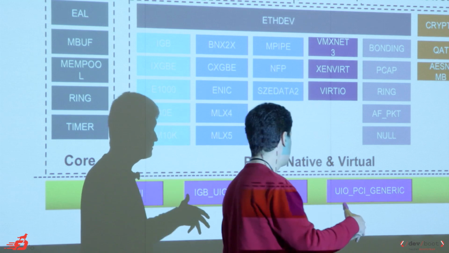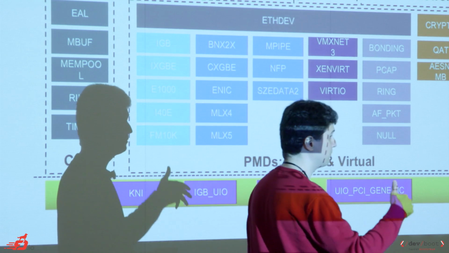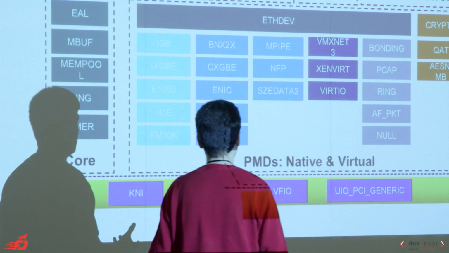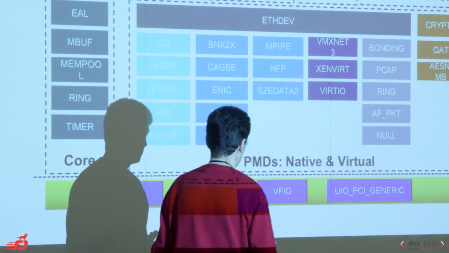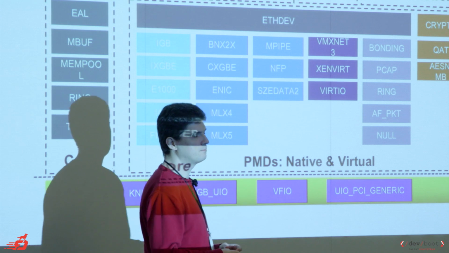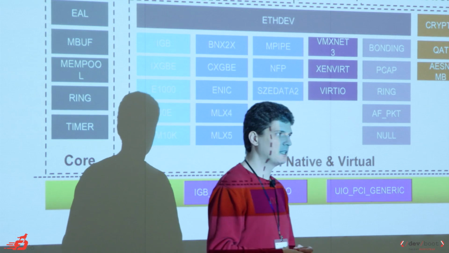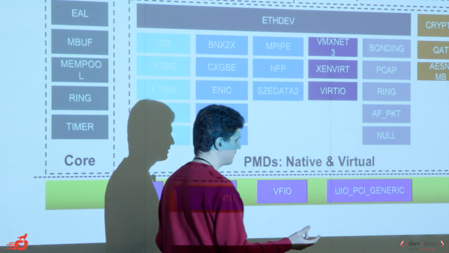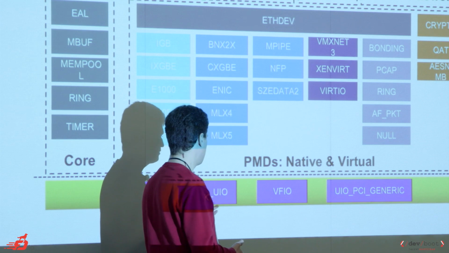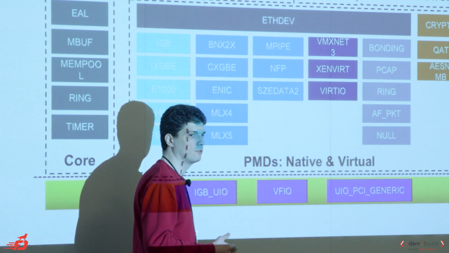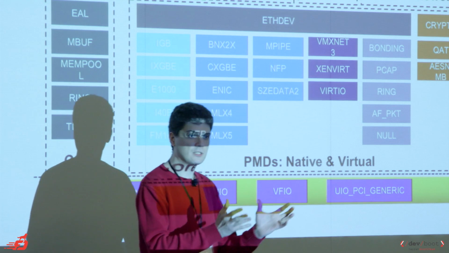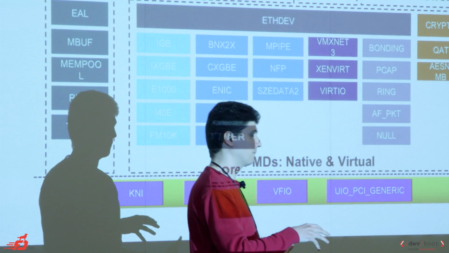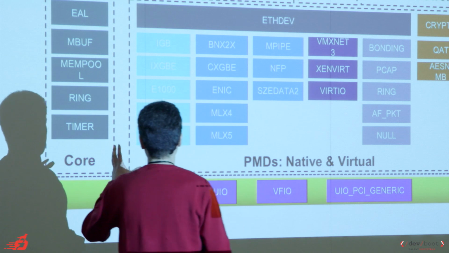In order to access those registers from user space without going through system calls to kernel space, you simply access the PCI address space, and then you have the standard feature in Linux kernels, IGB-UIO and VFIO, to export those registers and make them visible to user space so that the driver can access them directly. So that's what EAL is doing.